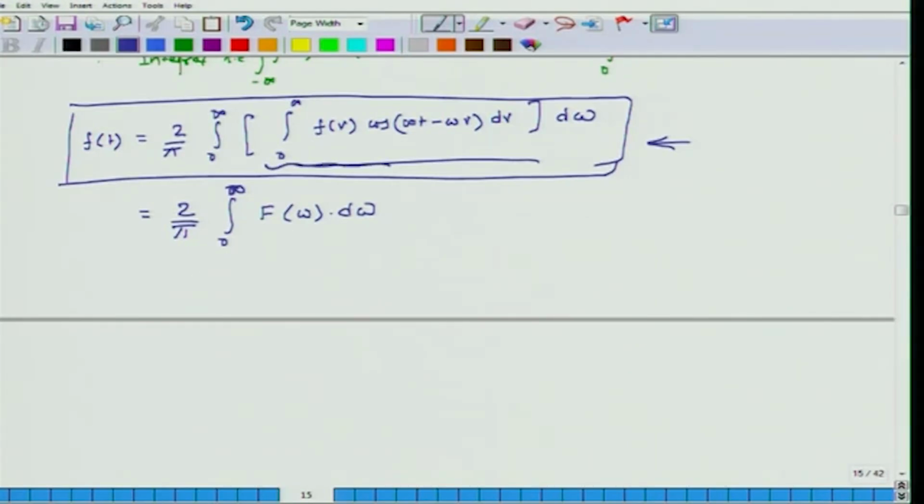This entire thing I am calling the integrand. This whole thing I am calling f of omega d omega. Okay. So let's call this equation A.